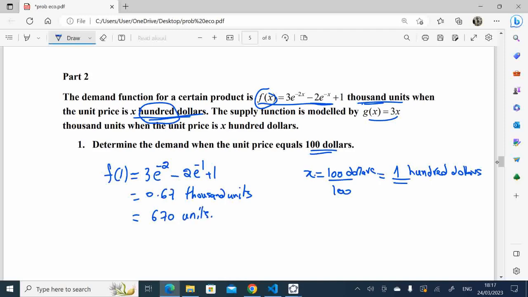Okay, so this is the demand when the unit price is $100. Let's go to the next part.